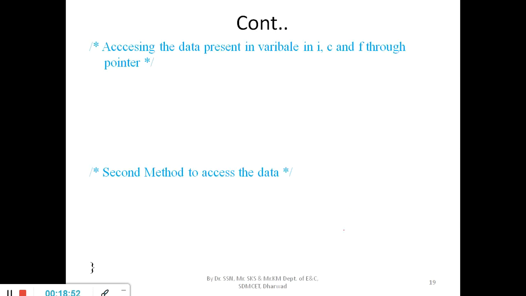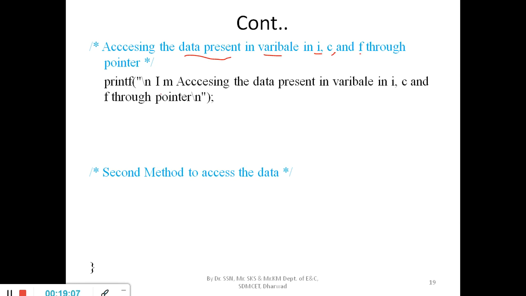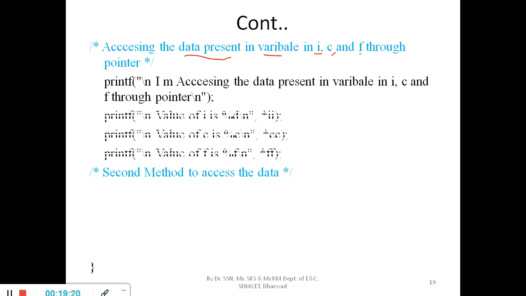Moving further, how do you write the printf statements in order to access the data? I am trying to access the data present in the variables i, c and f through pointer variables. Let me write a simple printf statement. Value of i is equal to %d, very simple, *ii.